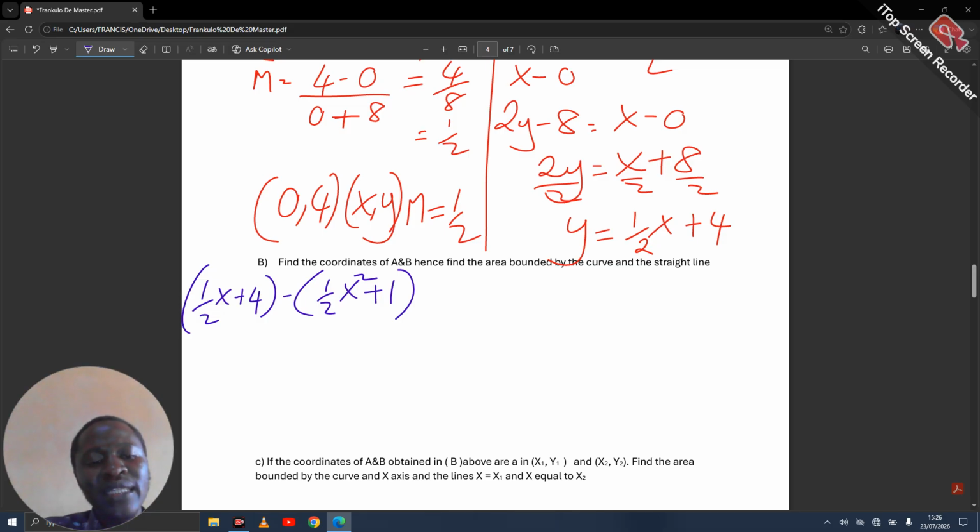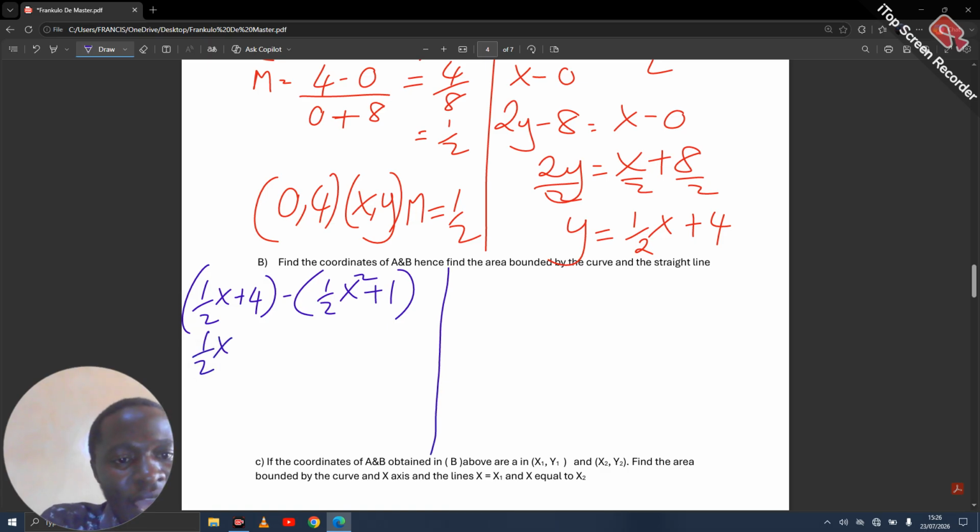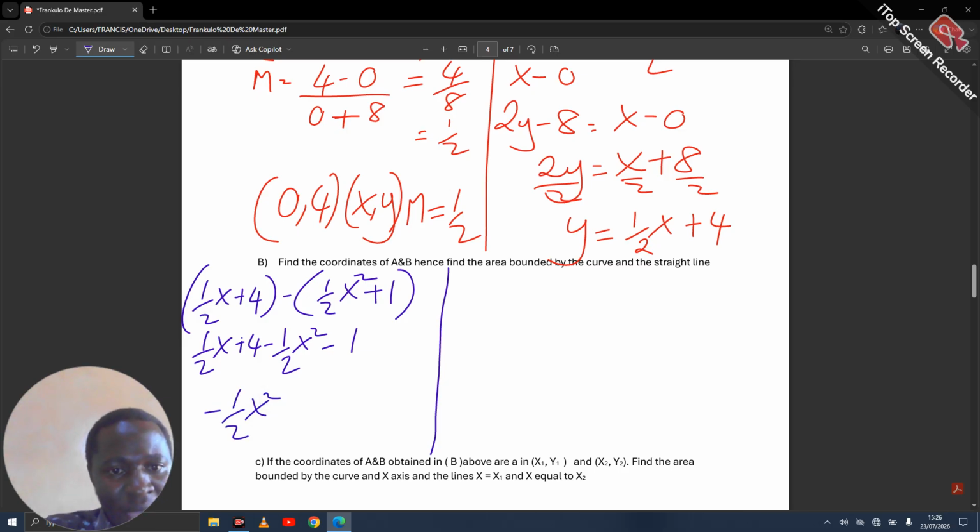So subtract this. So we shall have x plus 4 minus x squared minus 1. So having this, we shall have something like negative x squared plus x plus 3, is equal to 0.